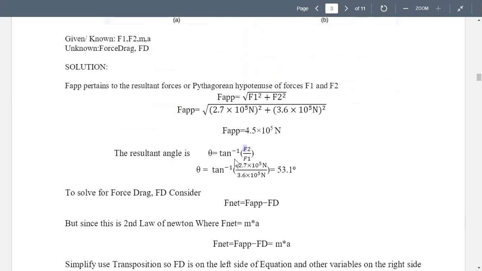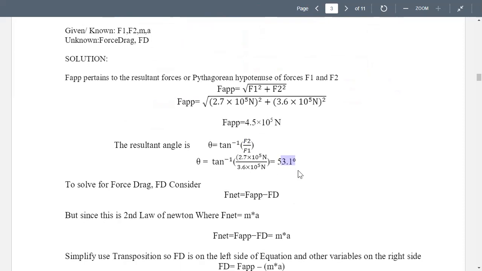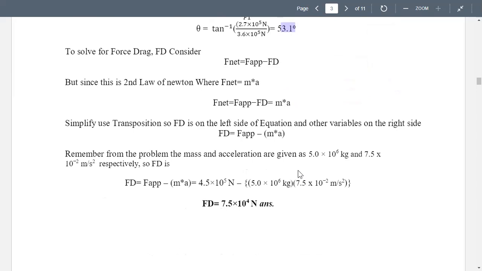Substituting the values, we have the arctangent of 2.7 times 10 raised to 5 newtons over 3.6 times 10 raised to 5 newtons, which gives us 53.1 degrees. Now solving for the drag force. If we establish the equation, your F net would be equal to F net minus the drag force from the water.